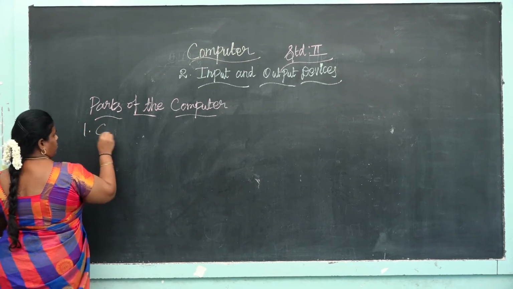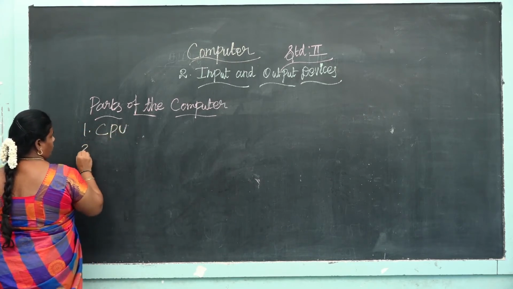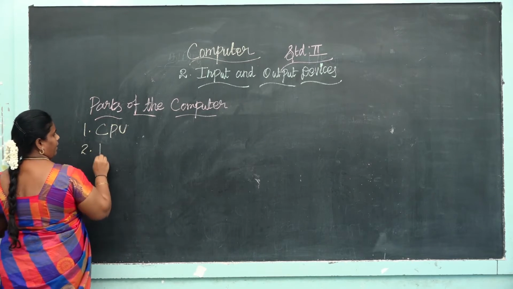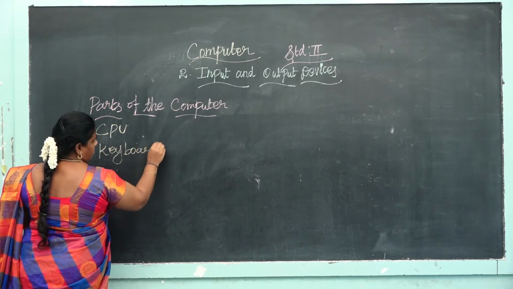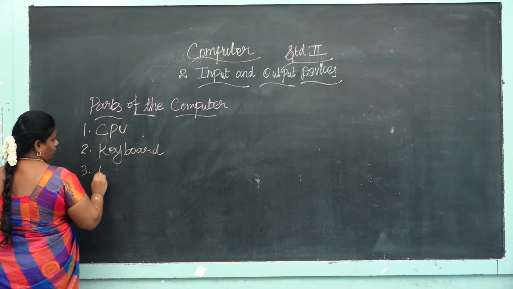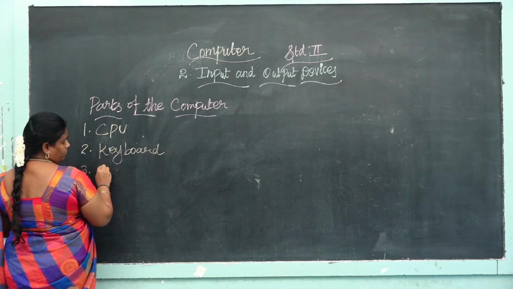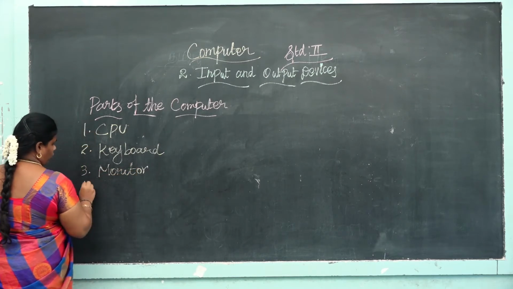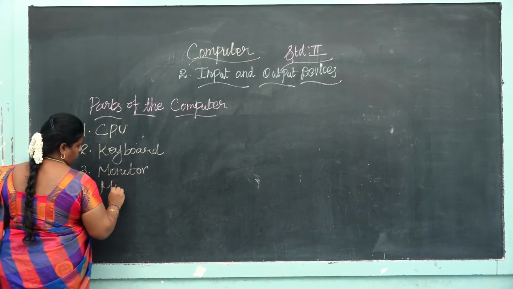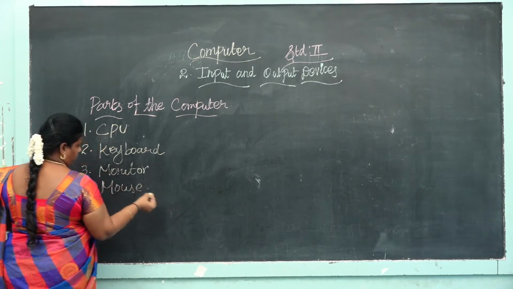First one, CPU. What is the second one? Keyboard. What is the third one? Monitor. Fourth one, mouse. These are the parts of the computer.